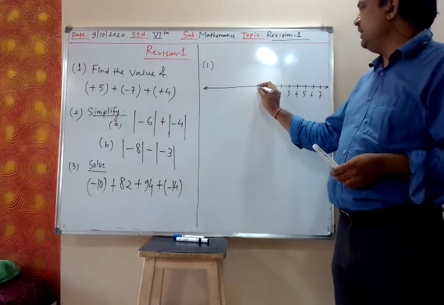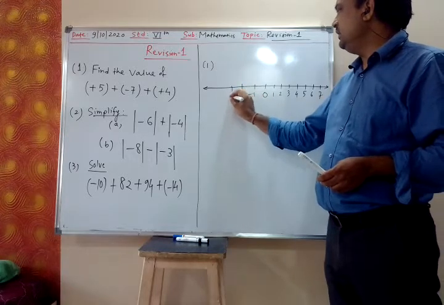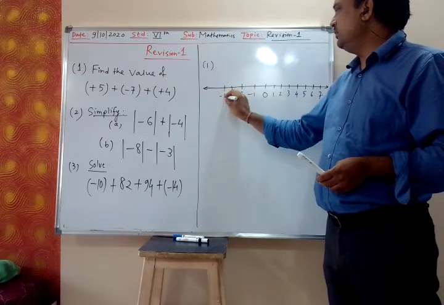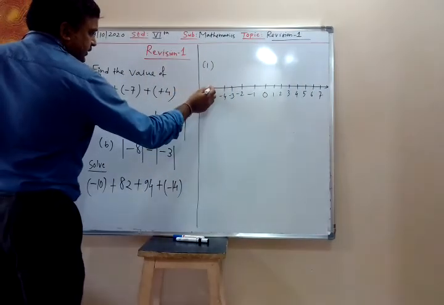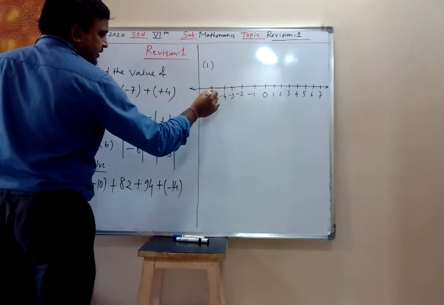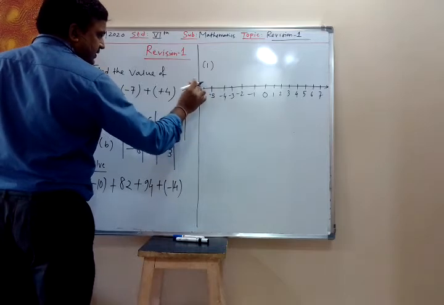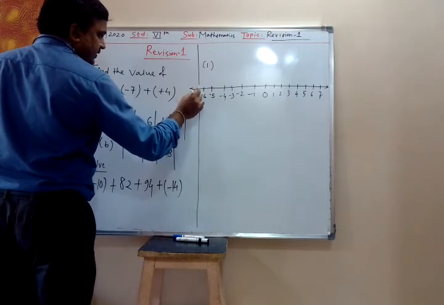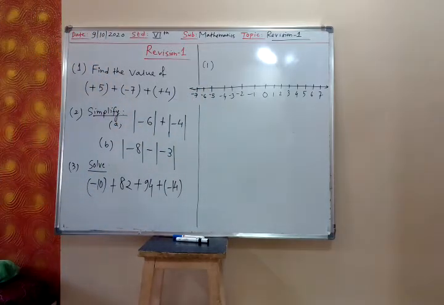And this side we have minus 1, minus 2, minus 3, minus 4, minus 5, minus 6, and somewhere we have minus 7 on this number line. Let us solve this first.